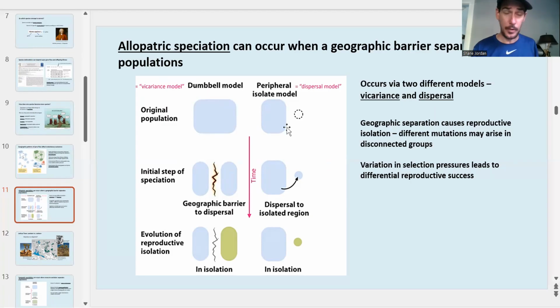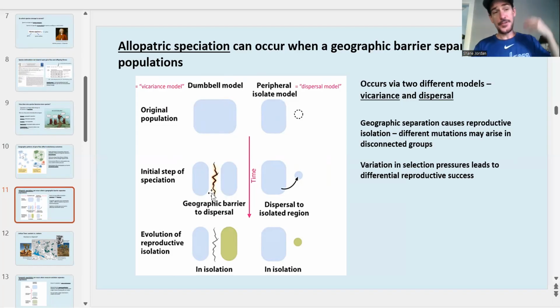And this, if you recall, might look a lot like the founder effect that we discussed when we looked at genetic drift. So in the vicariance model, we have our original population, and this population is all connected, and all the individuals are exchanging genes. But then at some point in time, a geographic barrier to dispersal arises, and it separates this population into 2, or theoretically more, separate groups.